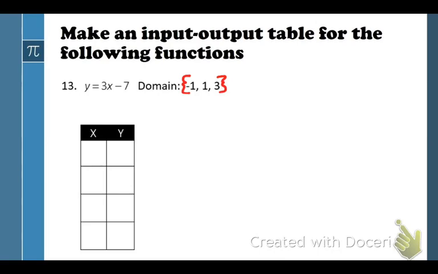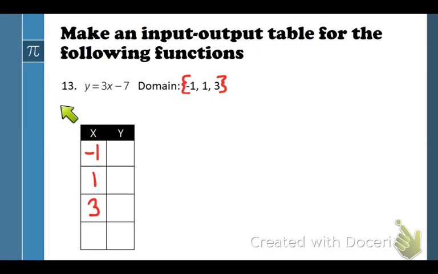And I want to fill out the T-chart here. If the domain is -1, 1, and 3, where do those numbers go? On the X side. Domain is the X's. So -1, 1, and 3. We have an extra box on the bottom of the table, and that's okay. Now we're going to plug in -1 for X to figure out what that Y is.